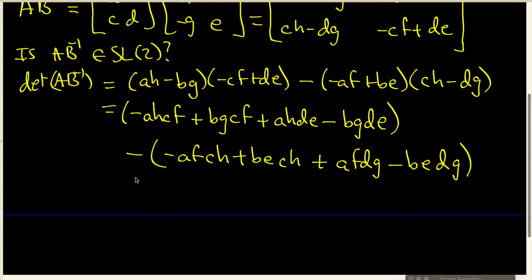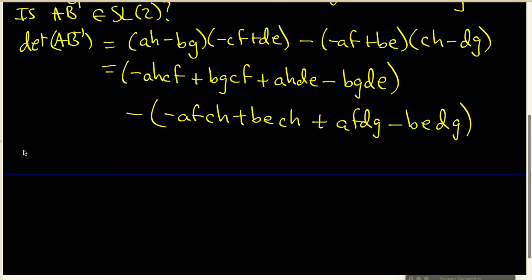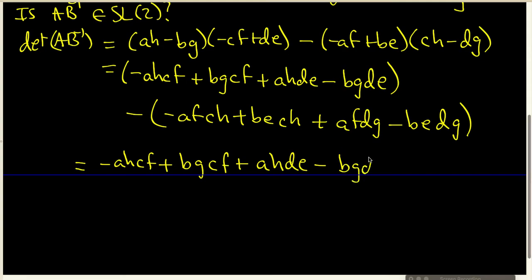Now what I want to do is clean things up and in particular deal with this minus sign. So when I do that, what am I going to be getting? The determinant of A times B inverse is going to look like this now. We have minus AHCF plus BGCF plus AHDE minus BGDE.